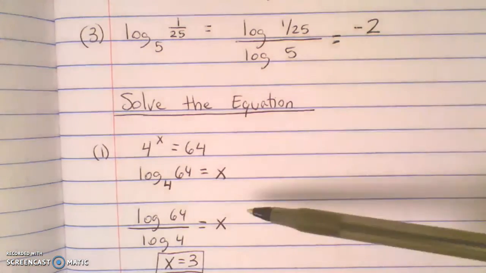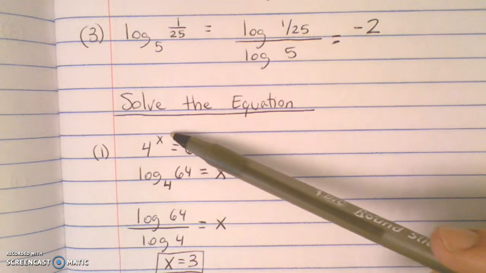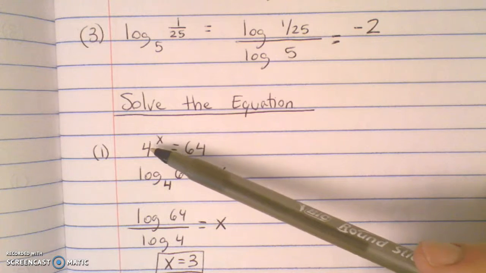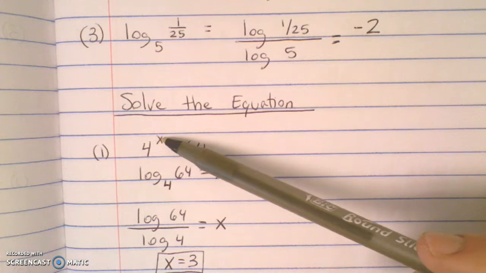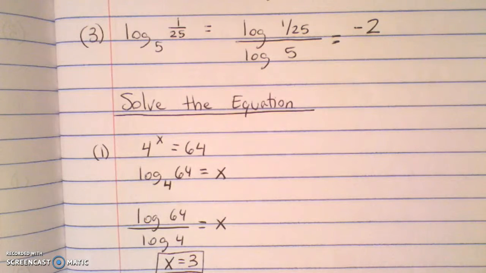And again, what that means is that when I plug in 3 back into my original equation, that should be a true statement. 4 to the third is 64, so 64 equals 64, so we're good.